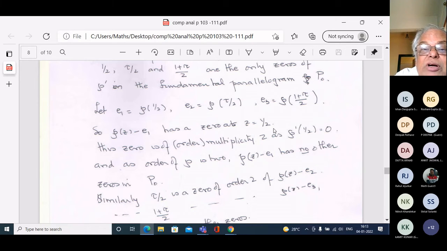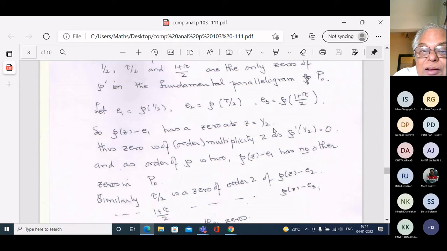What is the multiplicity of the 0? What I know is P prime at half is 0. That is why I've chosen that half. P prime of half is 0. Therefore, P(z) minus E1 has a 0 of order 2 at z equal to half.